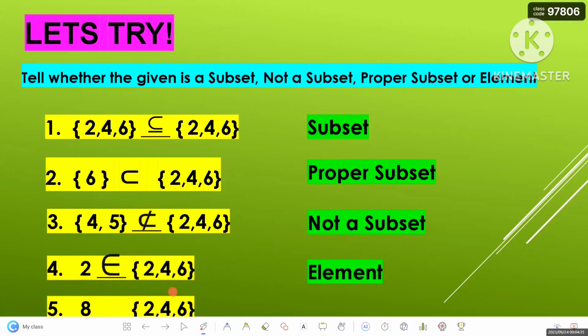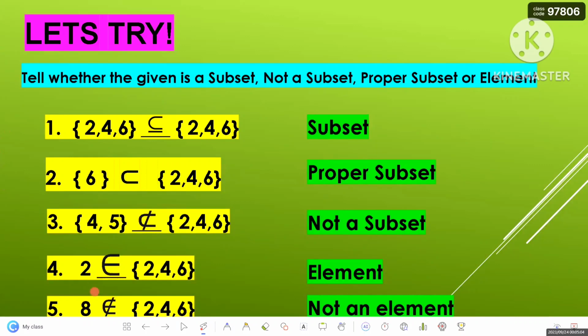Number 5, 8 blank, set of 2, 4, and 6. Since wala kang nakita na kapareho sa kabila, aside from the elements ang sagot, wala ka naman nakita na pareho silang magkabila. So, the answer is not element. Okay? Bakit not element?